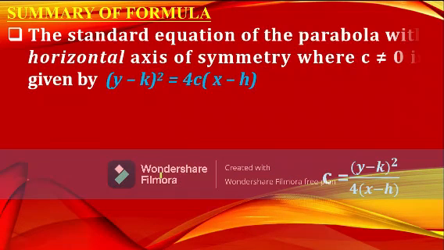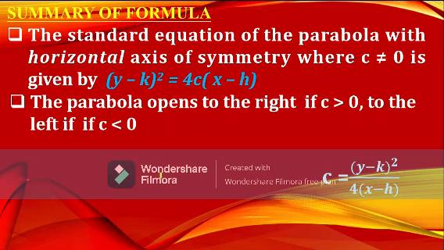Okay, the summary of the formula, the standard equation of the parabola with horizontal axis of symmetry, where c is not equal to 0, is given by y minus k quantity squared is equal to 4c times x minus h. The parabola opens to the right if c is greater than 0 and to the left if c is less than 0.